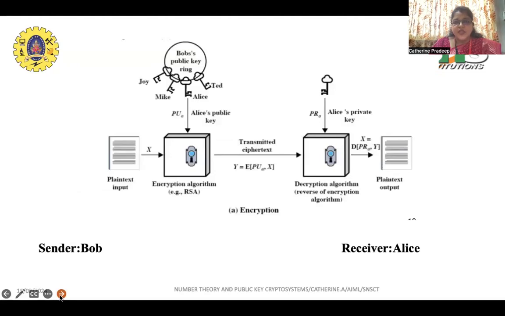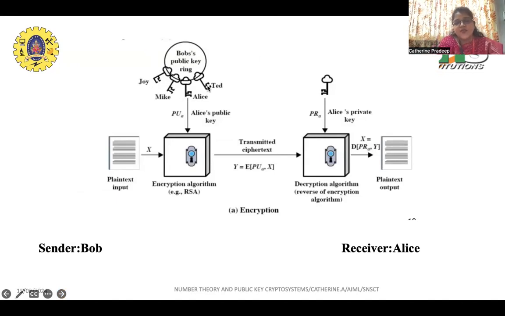So this picture depicts the public key crypto system. Here the sender is Bob and the receiver is Alice. The sender takes a plain text, and Bob has a public keyring. In this public keyring, he has all his friends' public keys.